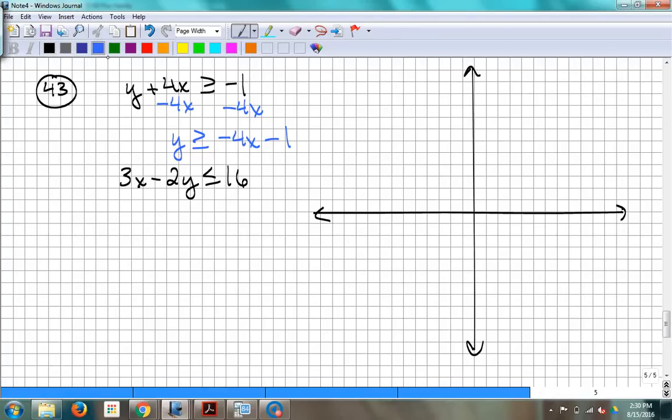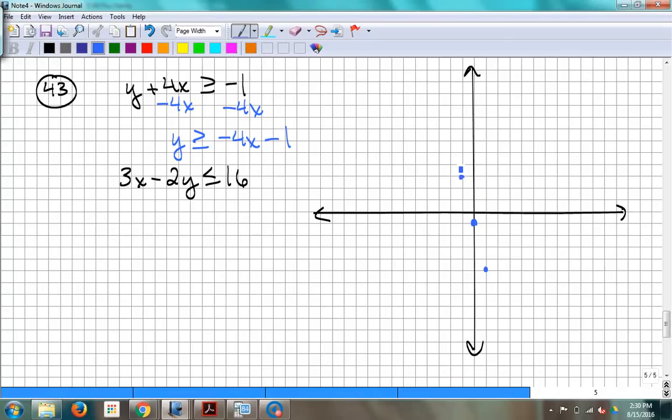Let's go ahead and graph that one, and then we'll get the next one. So where do I start with this? -1, the y-intercept, -1. Point right there. And then my slope is down 4, right 1. Yeah, so down 4, right 1. I could go up 4, left 1 if I wanted to.